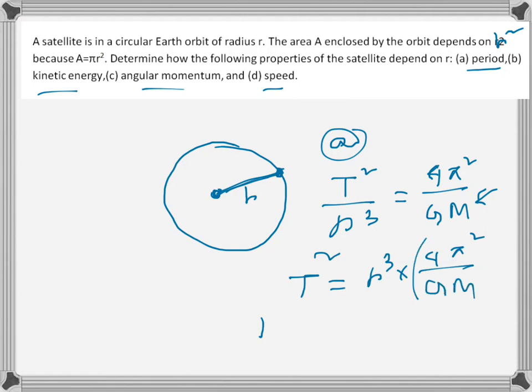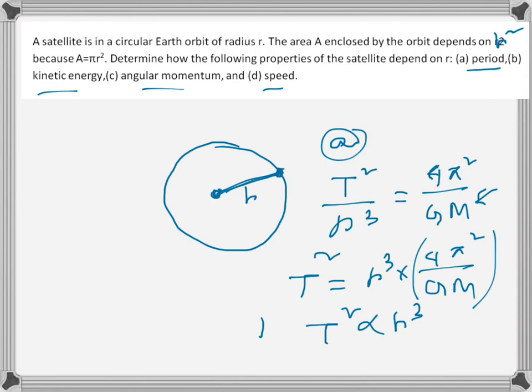Since that is constant, T squared is proportional to r cubed. So T is proportional to r to the power 1.5, because r to the power 3 over 2 is 1.5.